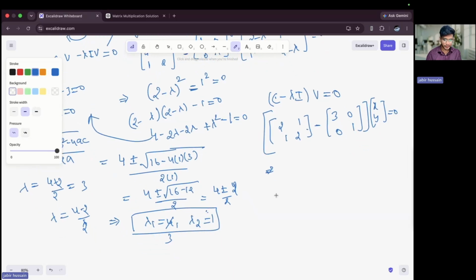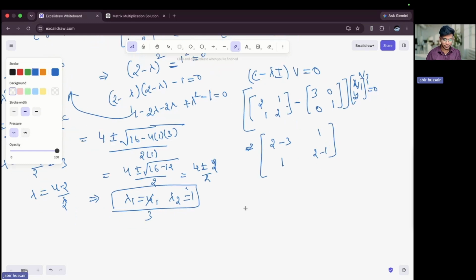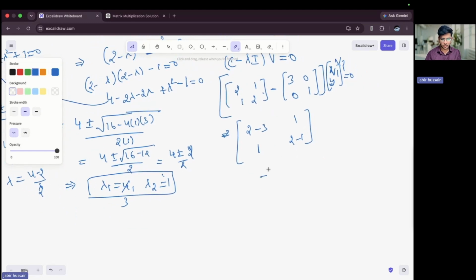Here we have two components, v1 and v2. So when you do that, you will realize 2 minus 3, 1, 1, 2 minus 3. So it will give you a matrix of minus 1 1 1 minus 1, multiplied by v is equal to 0.